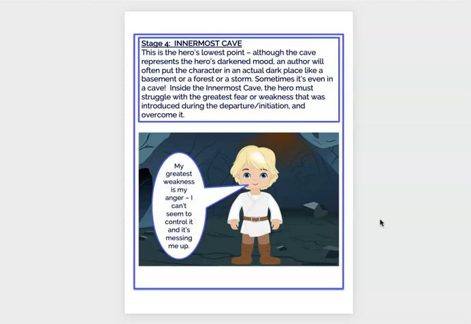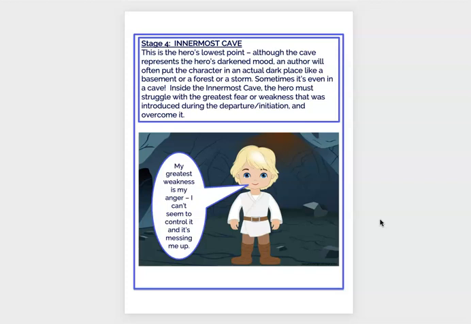Luke was literally in a cave, and he actually had to face himself, and he had to face Darth Vader. And like Harry in the Dark Forest, where he gets zapped by Voldemort, and then he goes into that other world for a little bit, and he has dealt with that Voldemort part of himself.